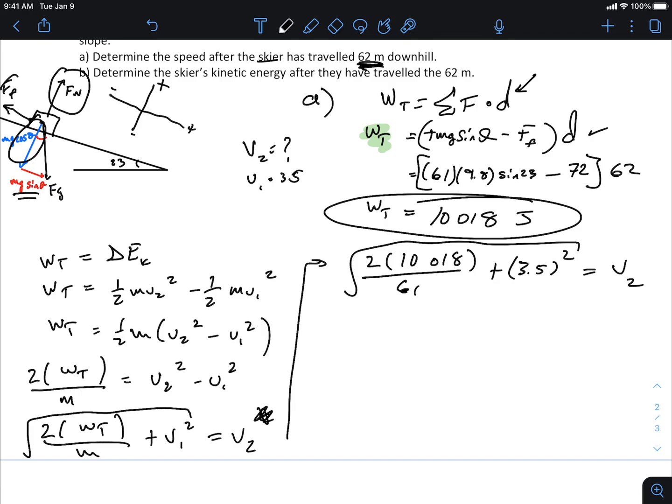Okay, so we've got to do 2 times 10,018 divided by 61. This guy should see 328. You guys tell me if I get anything wrong here. Okay, you jump in.